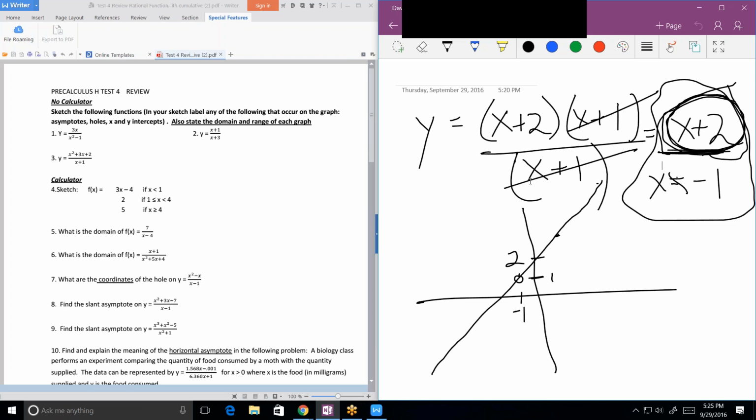Okay? And oddly enough, if you put this function into your calculator, it will not show you that hole. If I put it into Wolfram Alpha, it would not show me that hole. Why not? Because that hole is infinitesimally small. It occurs where x is equal to minus 1 only.